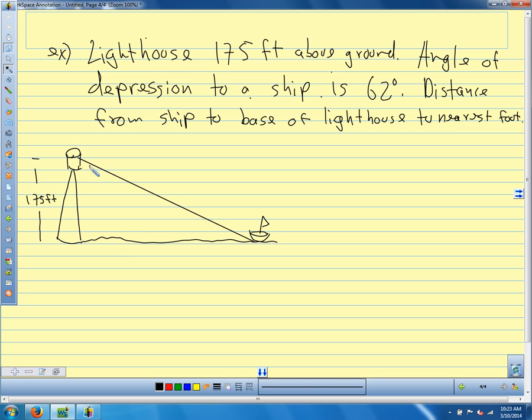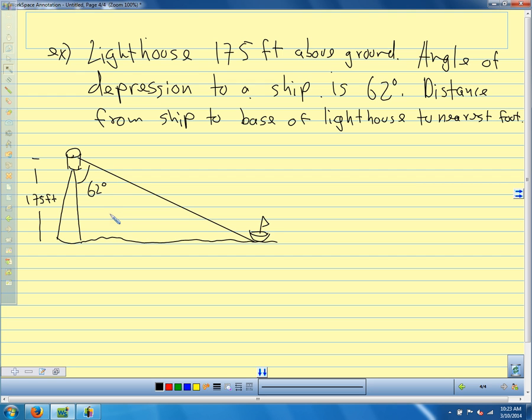Is this the angle of depression? Is that where they're saying it's 62 degrees? No. The angle of depression goes down from the horizontal.